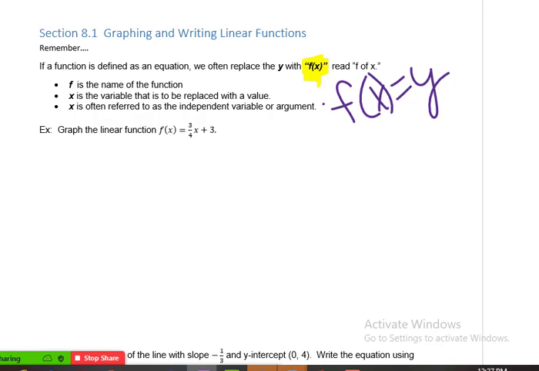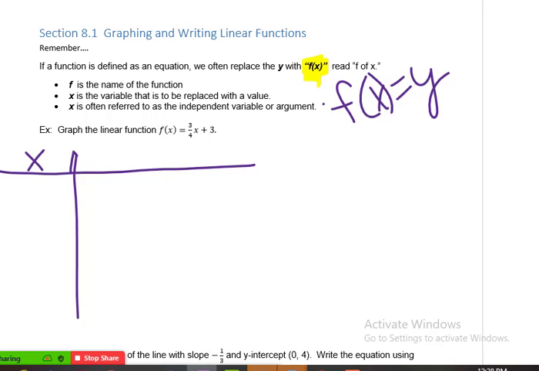Okay. So with the example I want to take a look at, I want us to graph the linear function. I want to do this using our function to find different values. All right, so if I looked at this function, I'll make my little chart. Here's my x.